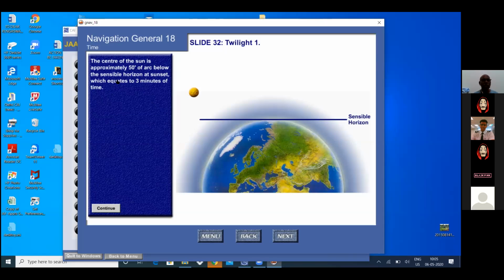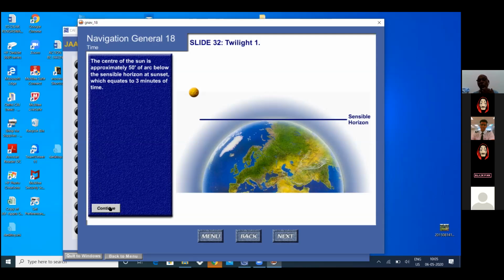So the center of the sun is approximately 50 minutes of arc below the sensible horizon, and this is equal to 3 minutes. That is why at the equator, sunrise is at 6 o'clock and sunset at 1800 hours, but you have daylight 3 minutes before sunrise and 3 minutes after sunset.